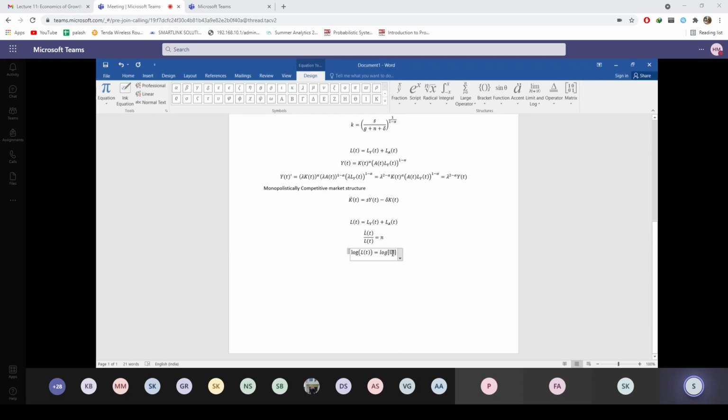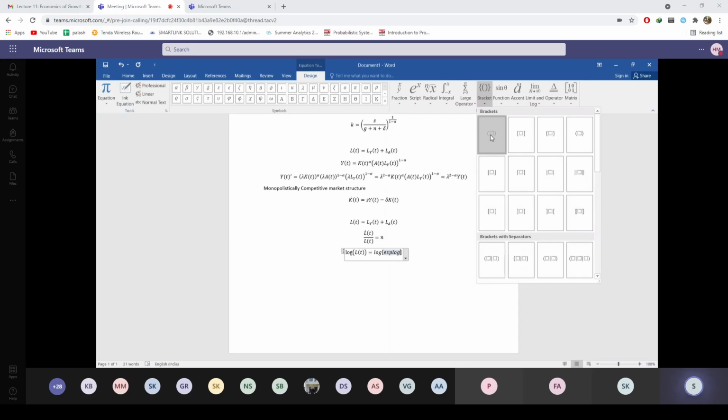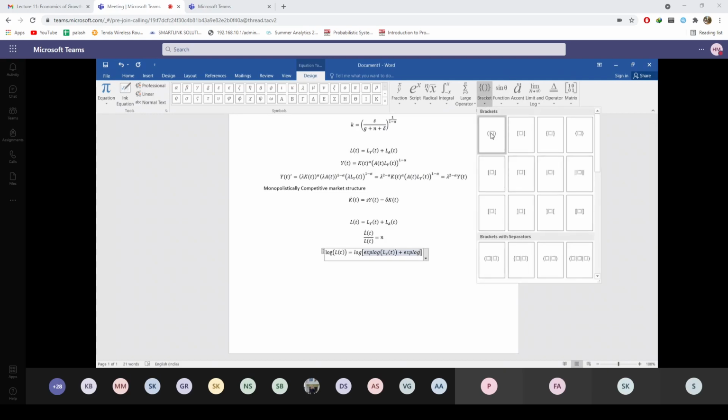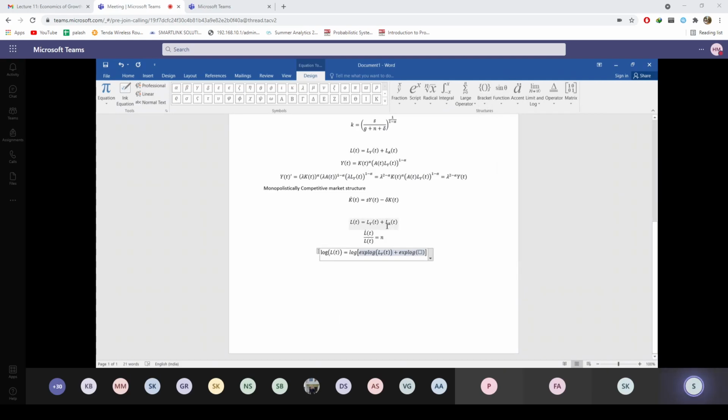You write exponential log of, in the bracket, LYT, plus exponential log of, in the bracket, LAT.